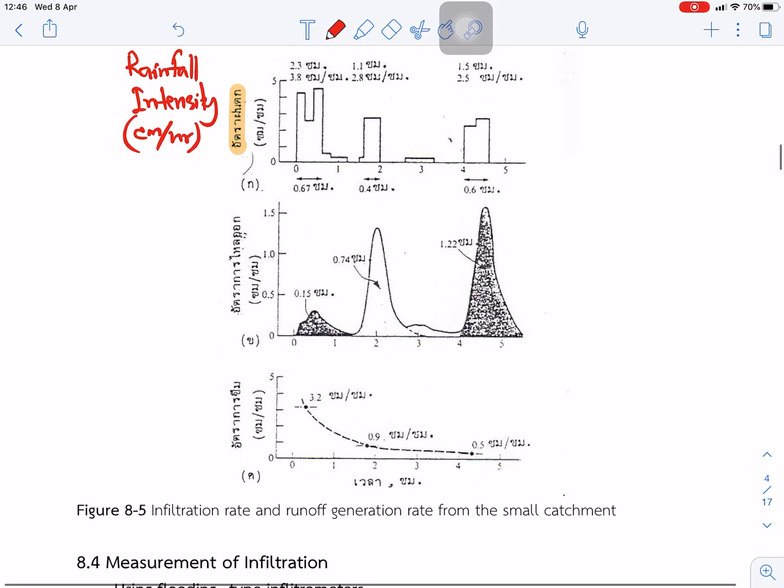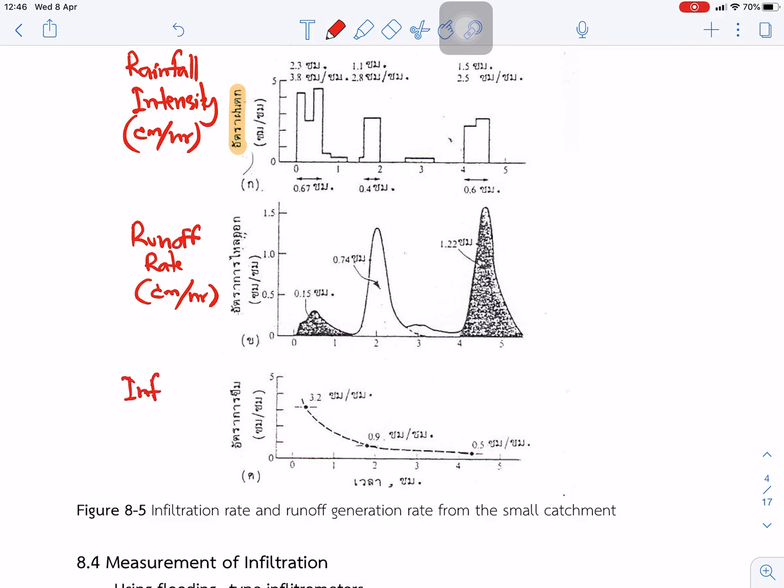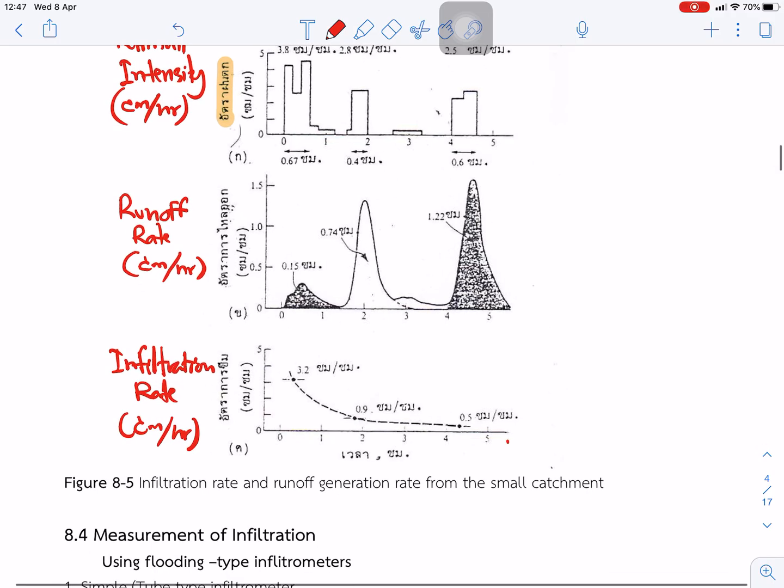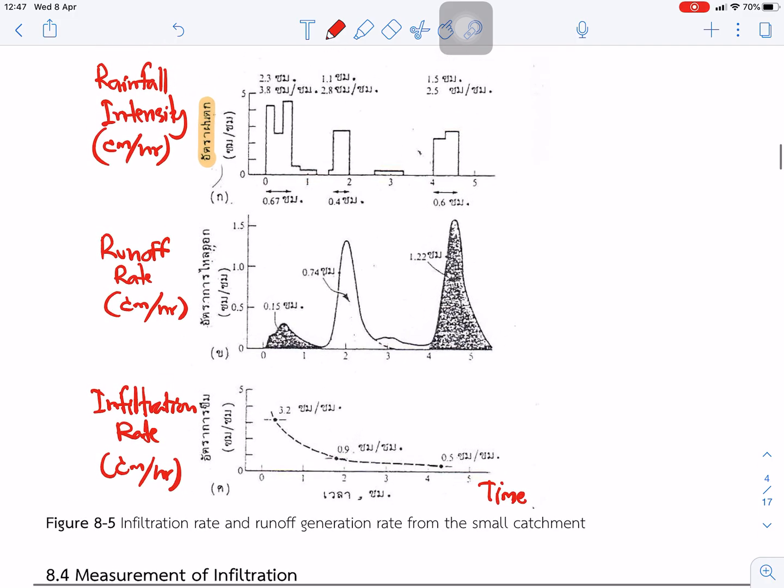And the second figure shows the runoff rate, the same unit, and the bottom one is the infiltration rate. So we can write an equation for this.